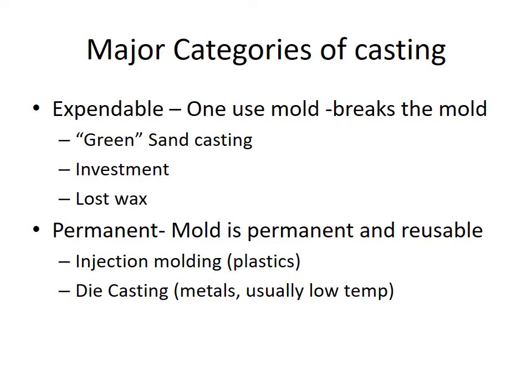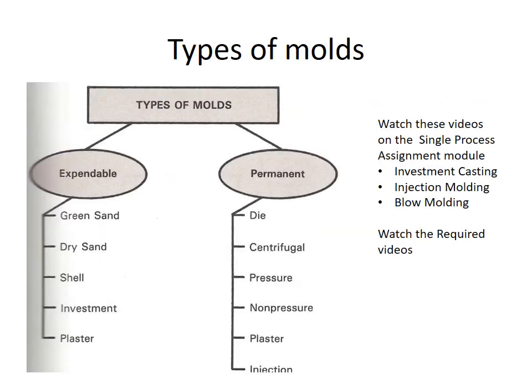Permanent molding, injection molding in plastics, is a category of casting. In die casting, again, you take usually low temperature metals and force them into a steel cavity, pull the thing apart when they harden, and you've got your part. And these are some examples.